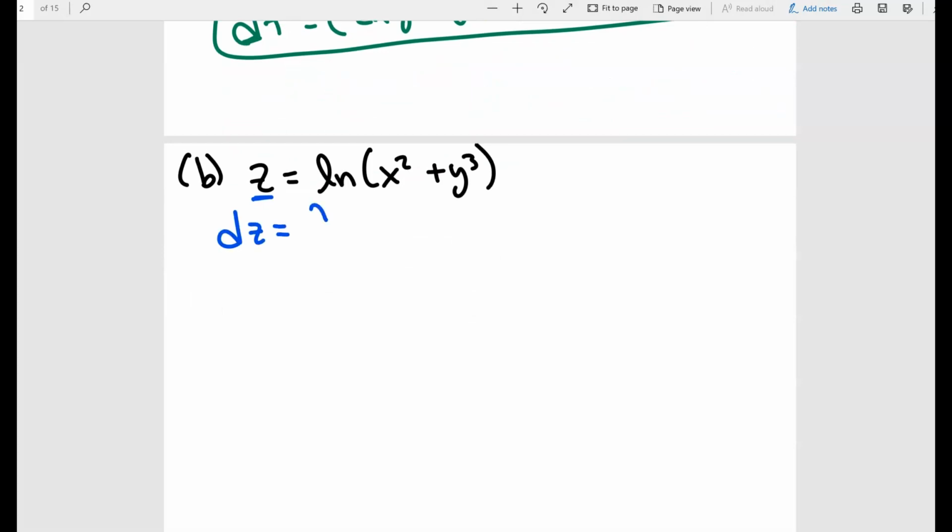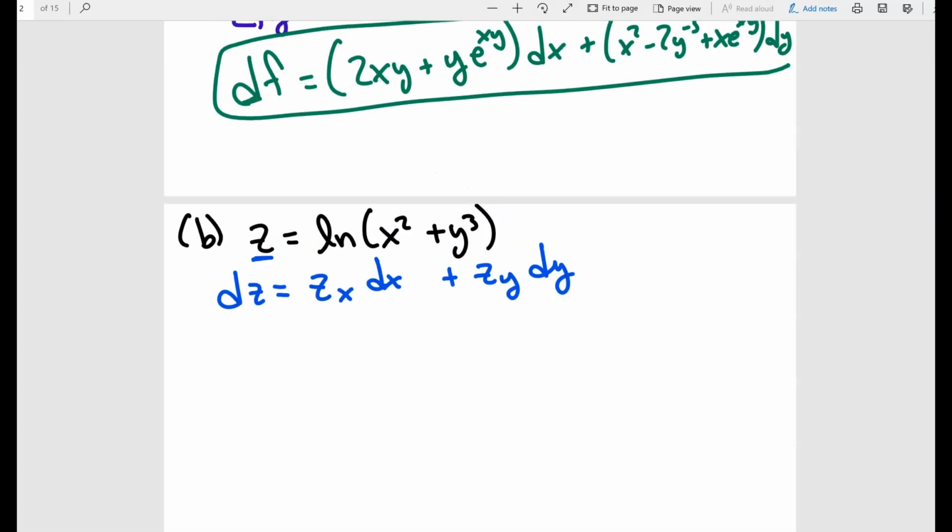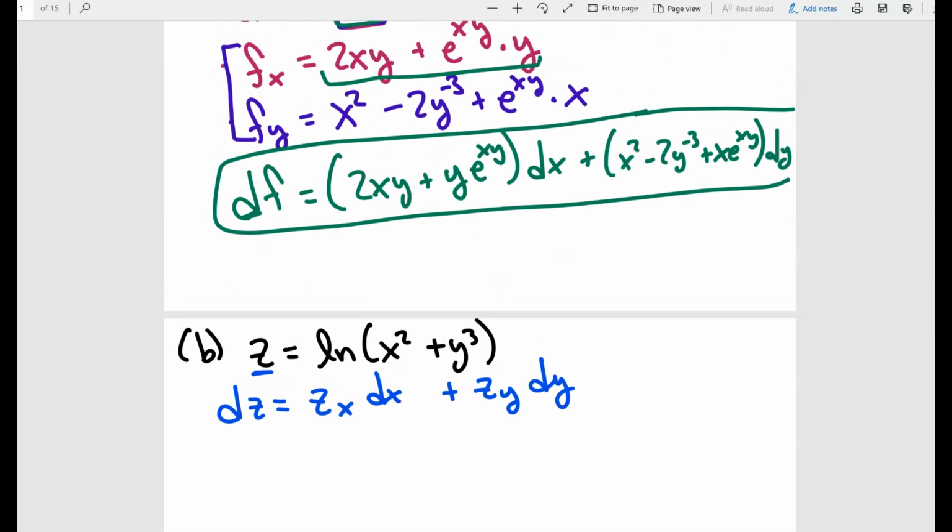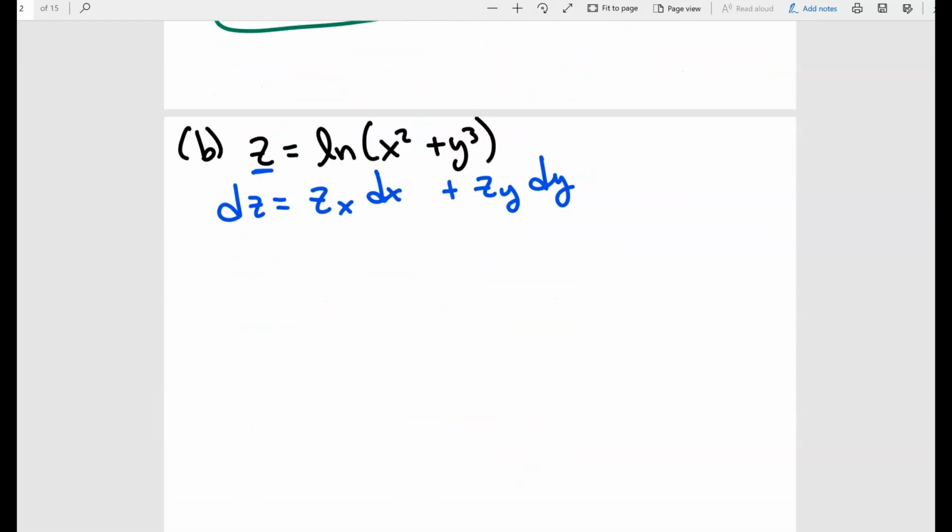It's going to be equal to the partial derivative of z with respect to x dx plus the partial derivative of z sub y dy. Okay? So notice all I just really changed was the f to a z. That's basically all I did, but it's still the same formula.